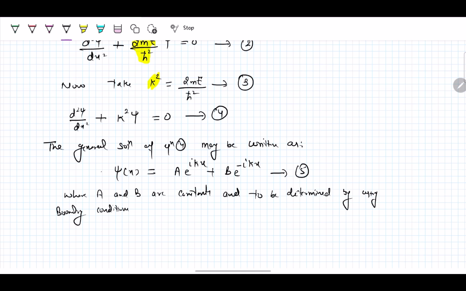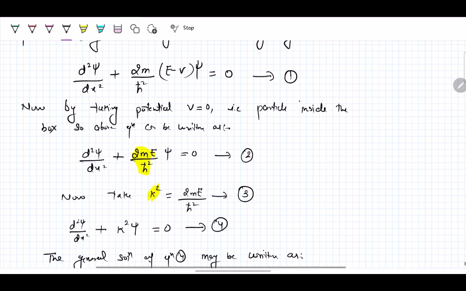So by using boundary conditions we can find out the values of a and b. To find the final solution to this wave function, or equation number 4, we need the values of a and b, which can be determined by using boundary conditions.